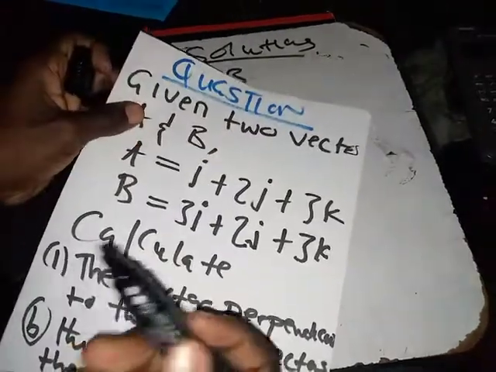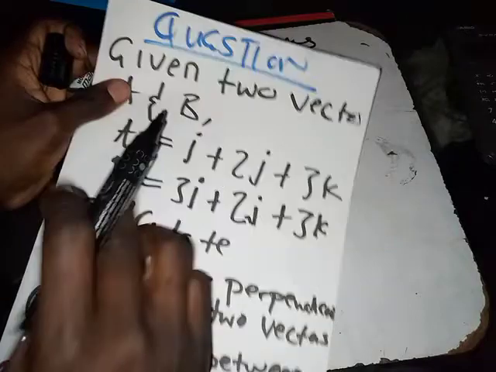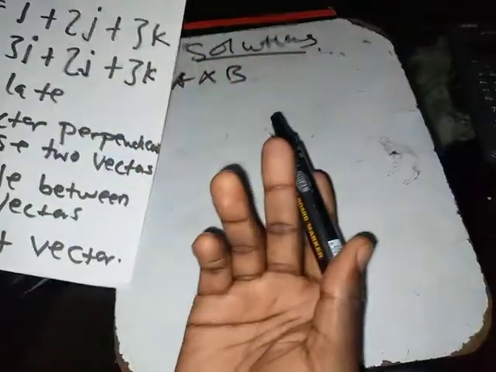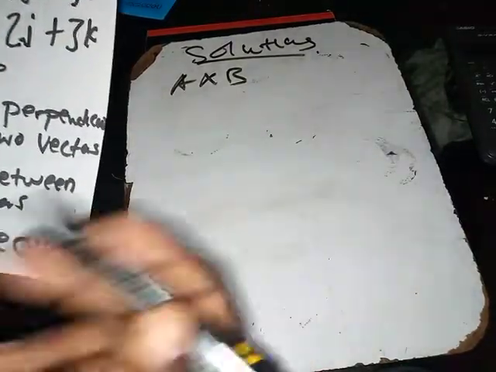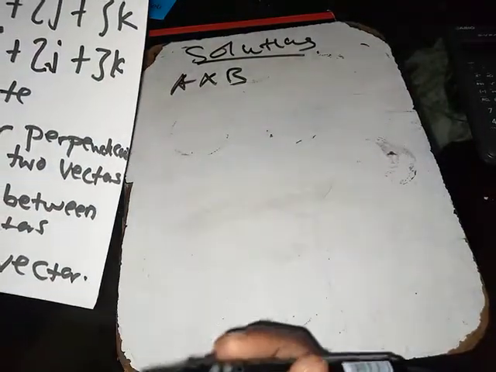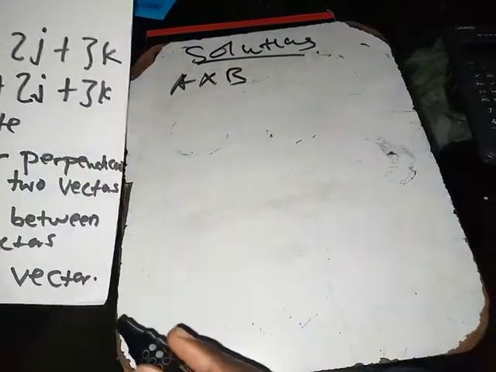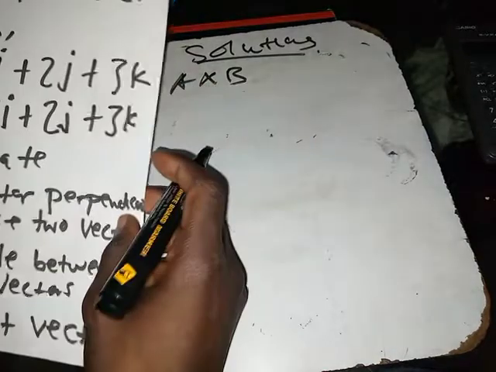One of the things you must know, guys, is that calculating a times b is like in mathematics, the way we calculate the determinant under matrices, the two by two determinant. So that's how you must calculate here. We're going to proceed in this way.